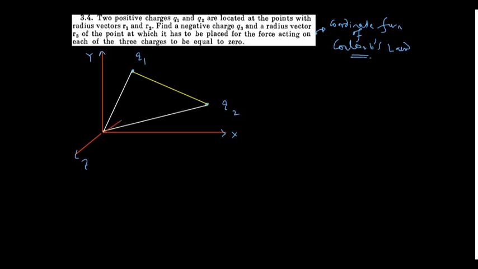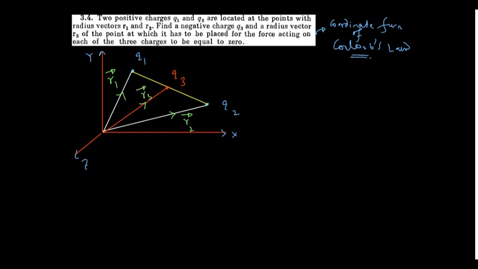So let us take it here. So here is q3 basically. I'm taking this vector, this is r1 vector, this is r2 vector, obviously this is r3 vector.